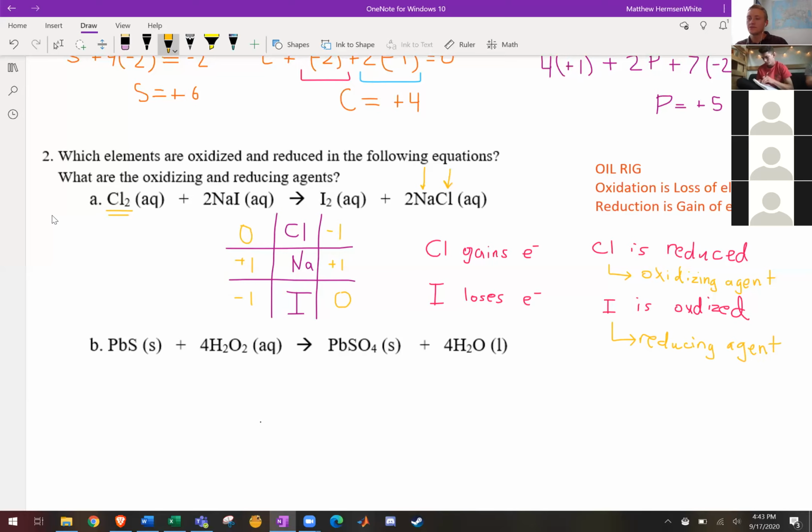If something is reduced, that means it is the oxidizing agent, the thing that is oxidizing the other one. I know it's kind of weird that they're flipped, but then iodine is oxidized, therefore it would be the reducing agent. Does that make sense? Yeah. Okay. So why don't you take some time and try to work through part B. Again, just start out by writing all of the elements under the arrow and then find the oxidation numbers.